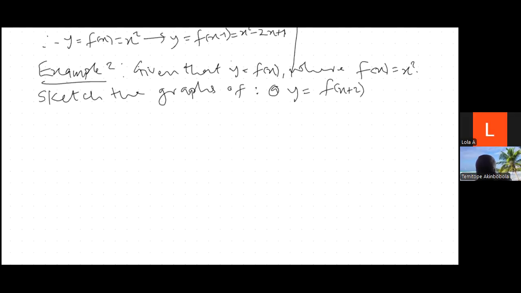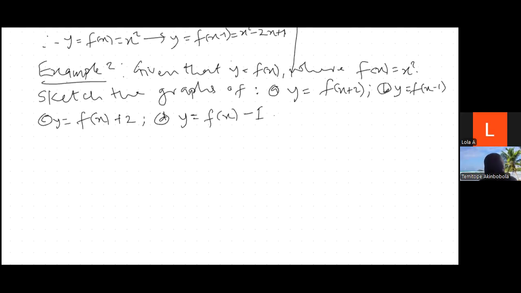B, y equals f of x minus 1. C, y equals f of x plus 2. And D, y equals f of x minus 1. So write the question quickly so that you'll be able to see how to do that correctly.